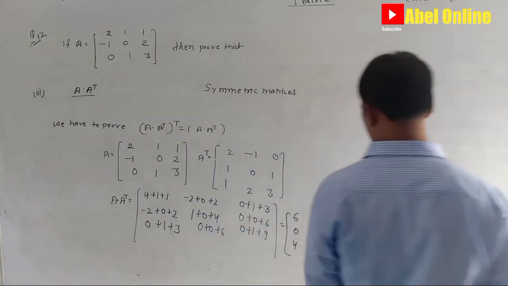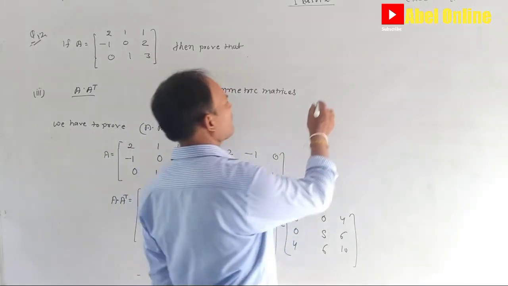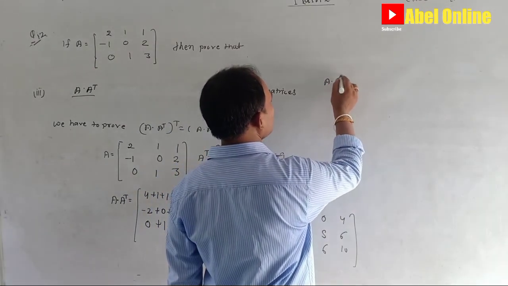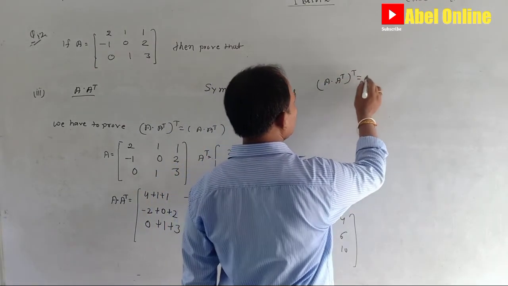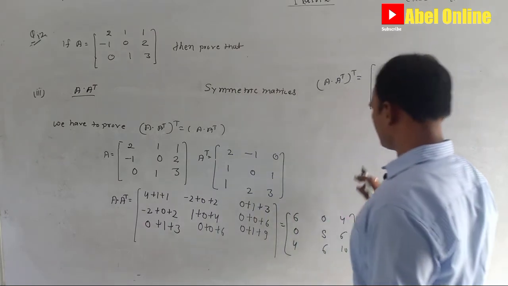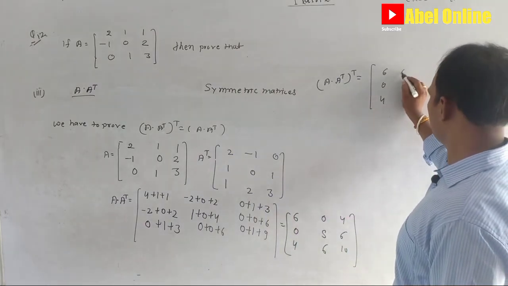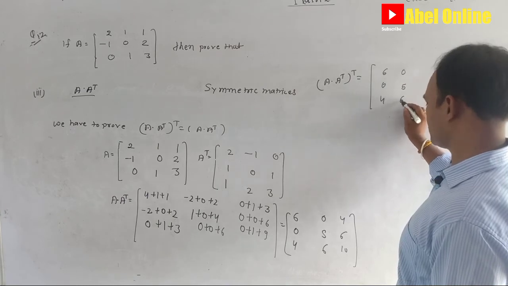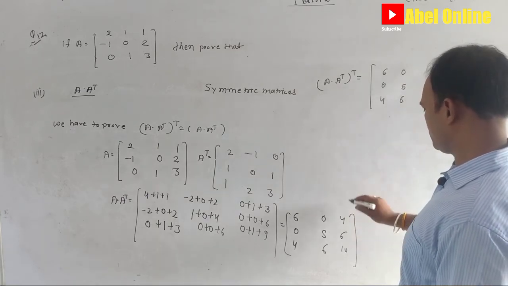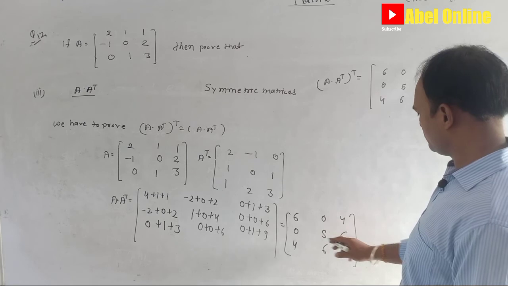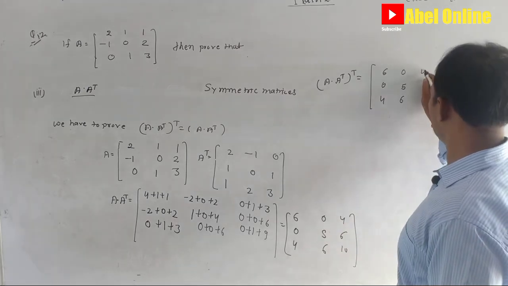So it is A into A transpose. To find (A into A transpose) transpose, just convert rows to columns. It is 6 0 4, 0 5 6, 4 6 10.